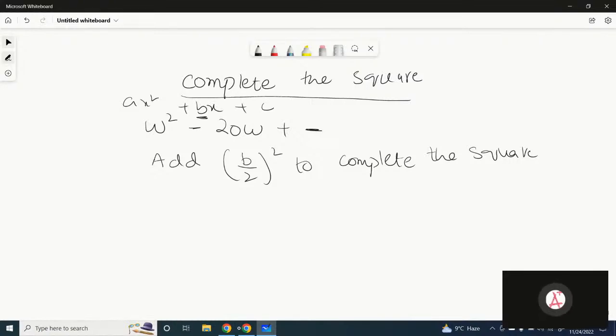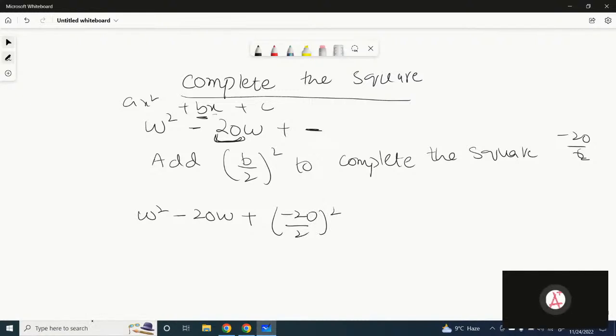So actually this is the b, the one with the variable x. So it is the value of b. So you have to divide negative 20 over 2. So just add negative 20 over 2 whole square in the equation. It would be then w square minus 20w, add negative 20 over 2 square in the equation.